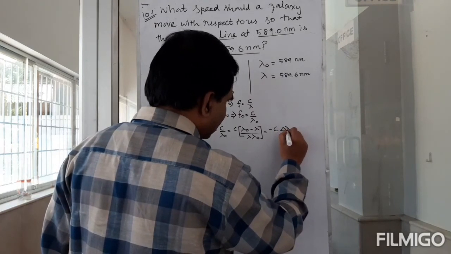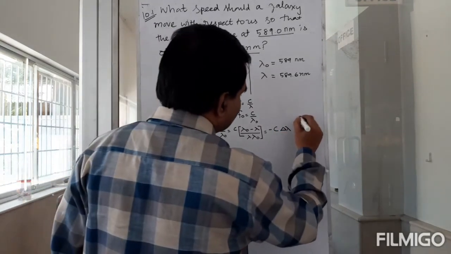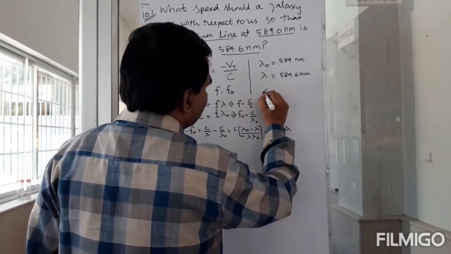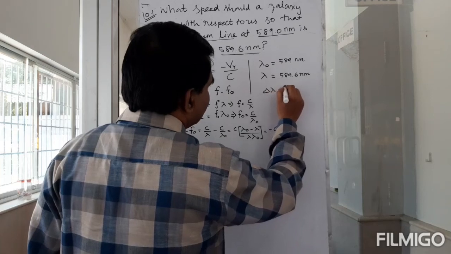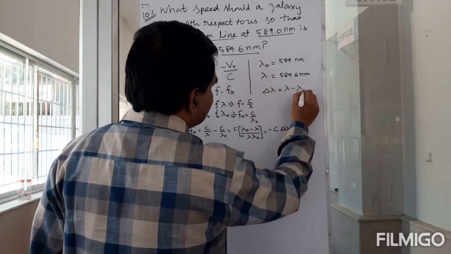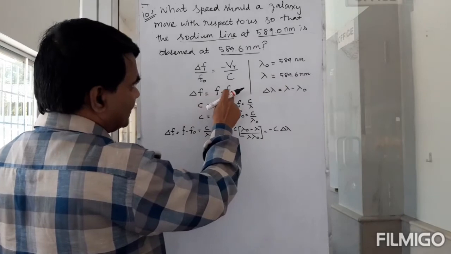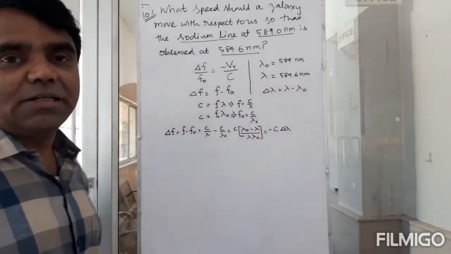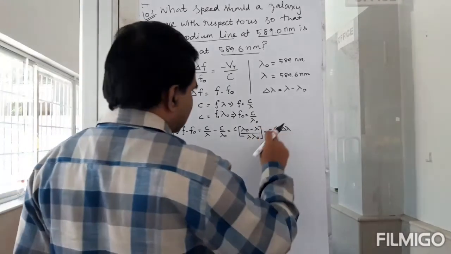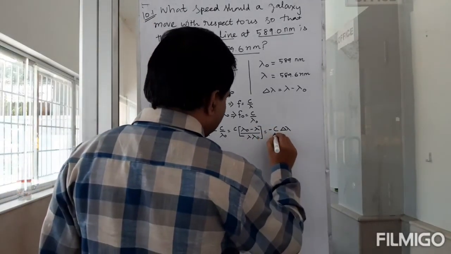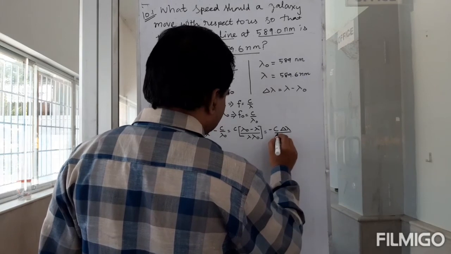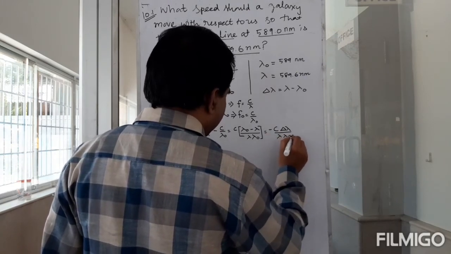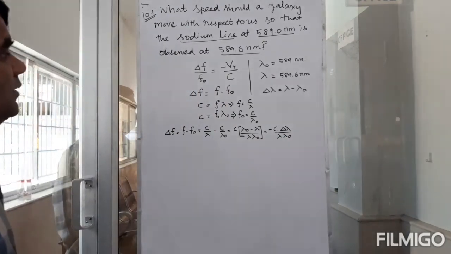Just like delta F is F minus F naught, delta lambda is also lambda minus lambda naught.